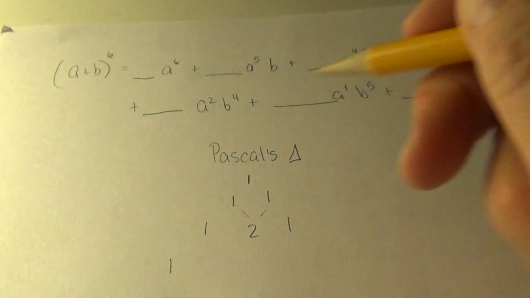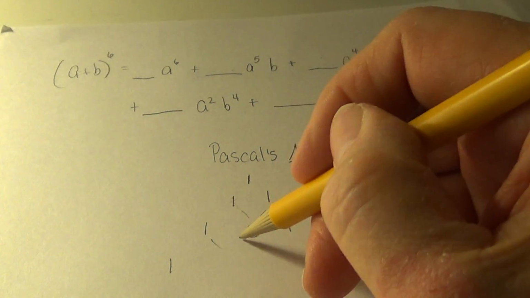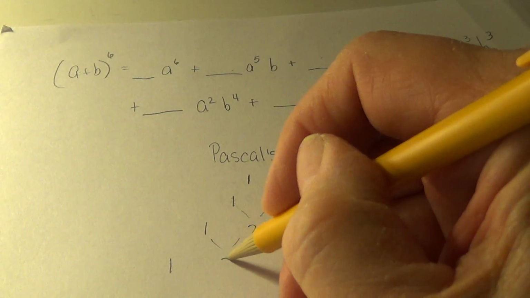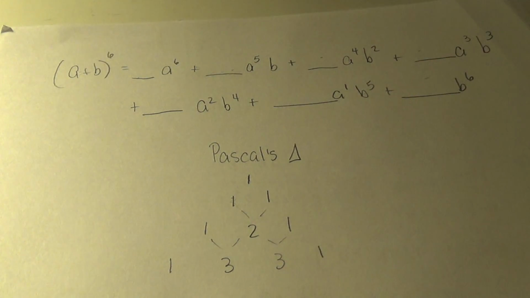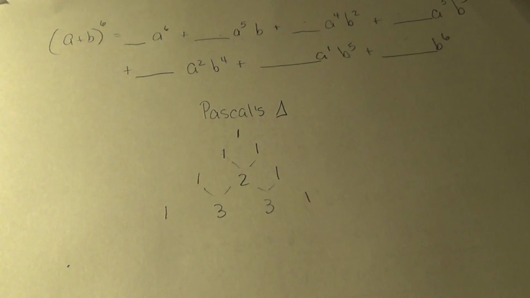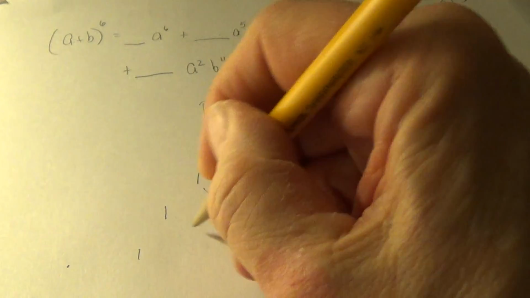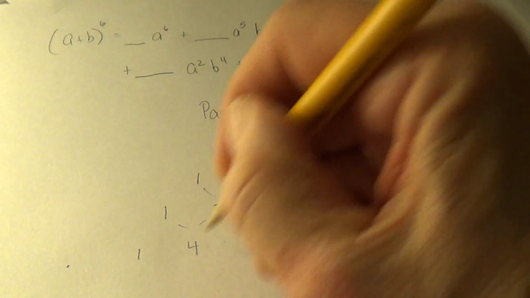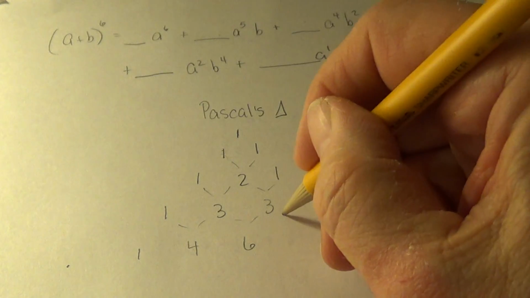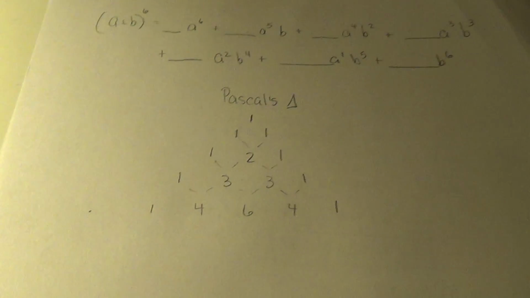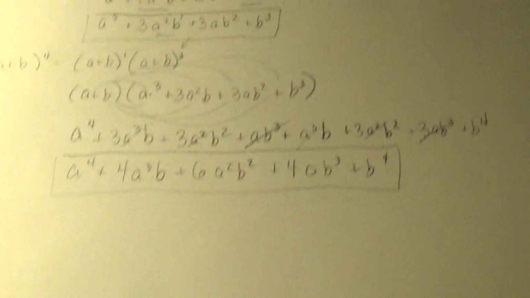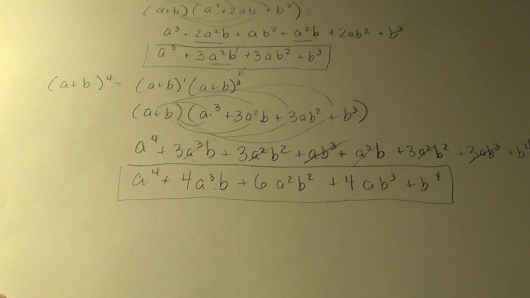So this one will be 1 plus 1, and then I end with a 1. I'm going to start the next row with a 1, add the 2 above it, and end with a 1. All right. 1, 4, 6, 4, 1. And if you notice, those numbers look familiar. They actually appeared when we did this expansion right here.